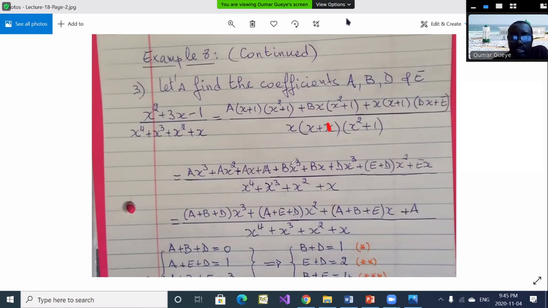Okay. Now I'm going to expand this numerator, so we'll get exactly this. You have ax cubed plus ax squared plus ax and plus a.